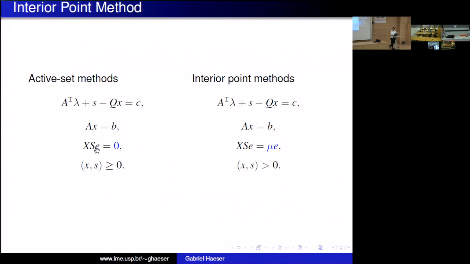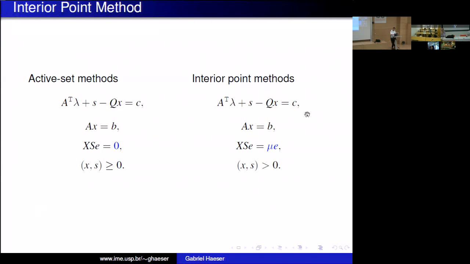You solve this and you look, well, this s is not non-negative, so I change the basis. There is a clever way to change which point is in the basis, in a way that s becomes greater or equal to 0. This is the idea of active set methods.